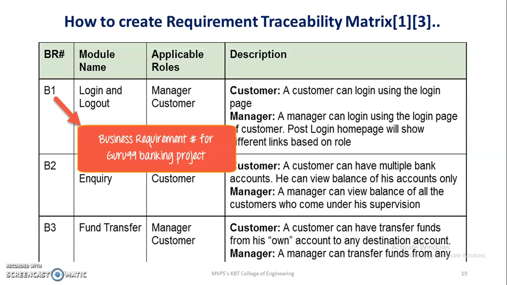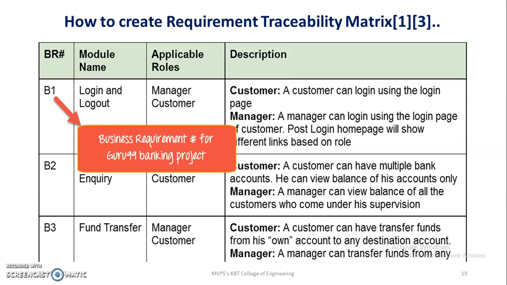So this document is nothing but the BRD, that is the business requirement document. Here in the BRD document, the fields are BRID, that is business requirement ID, module name, applicable roles, and description.